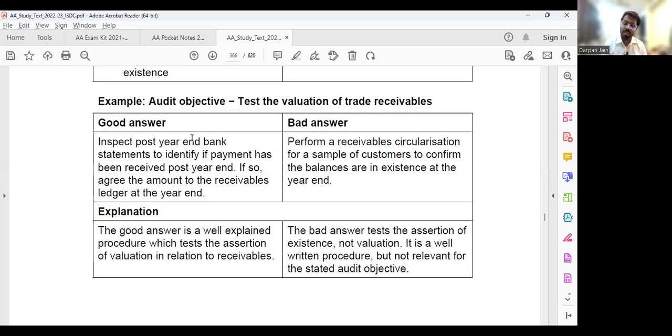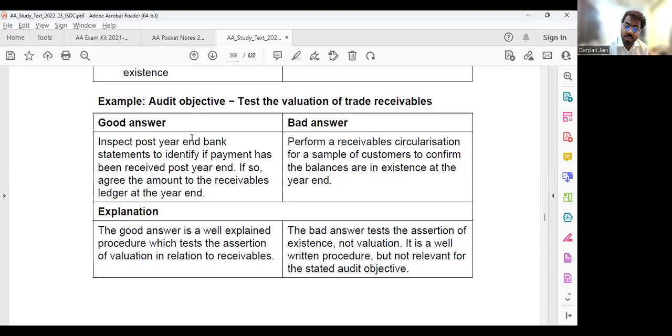Because if that person is a fictitious party or a fake party that the company has recorded, let's say the company wanted to increase the amount of sales, so they have created a fake party to whom the sales are being made. If it's a fake party, that circularization will not be replied to, right? That confirmation letter will not be replied to. That is why the receivable circularization is testing for existence.